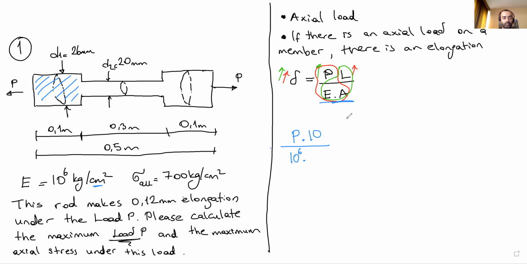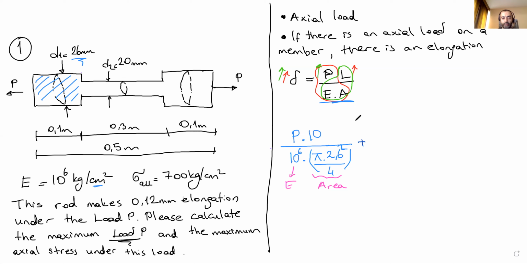The area of this circular portion is pi times, converting this millimeter to centimeter, 2.6 squared over 4. Okay. Let's go ahead.